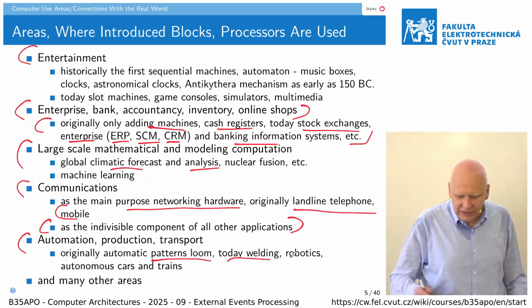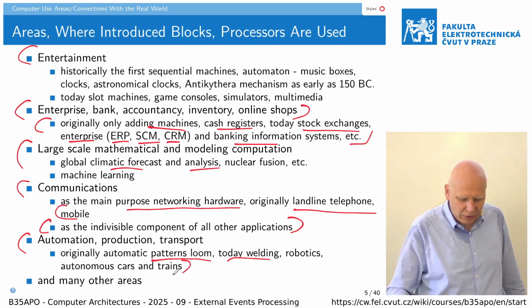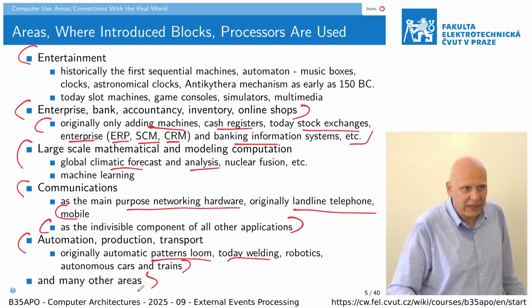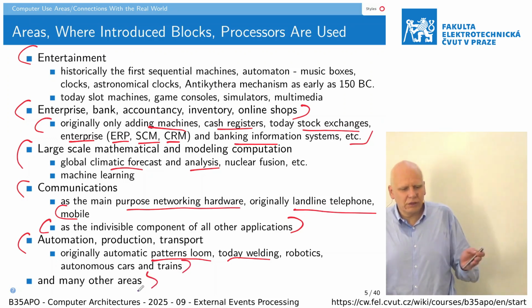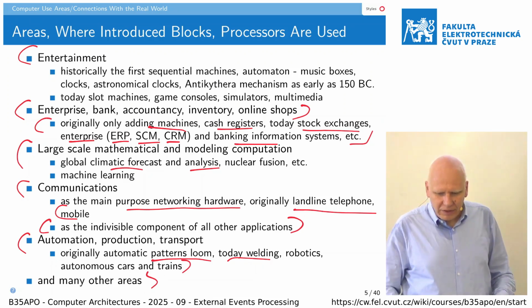Today it can be welding, robotics, autonomous cars, trains, and many other areas. So try to imagine what is possible to do with computers today. It is quite an important technique.